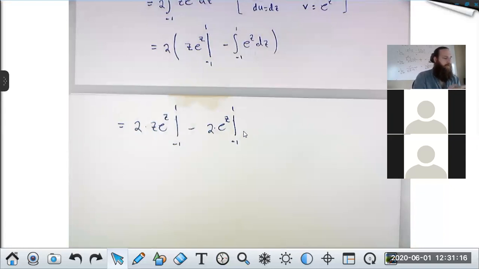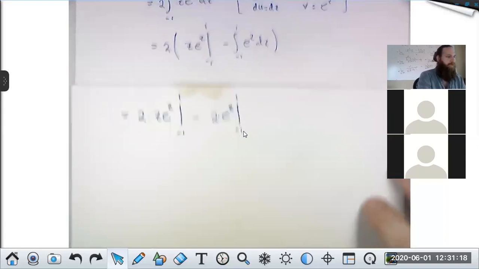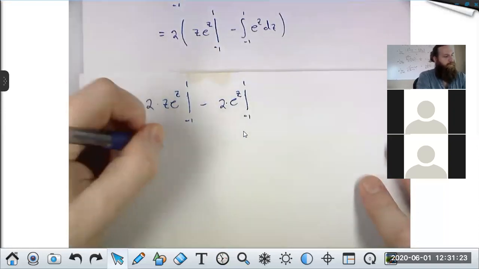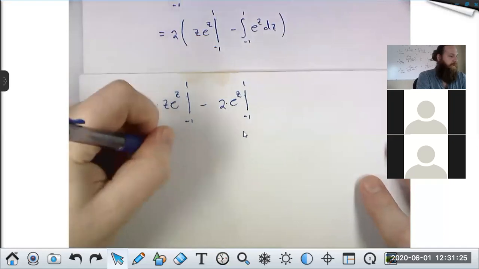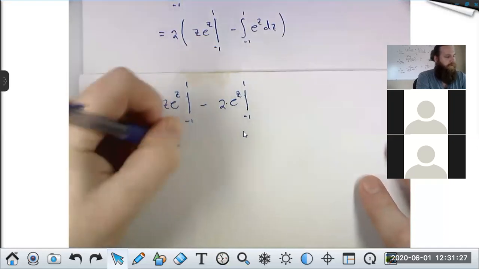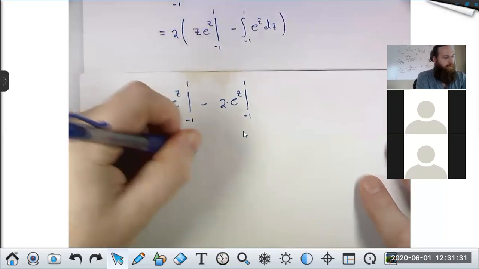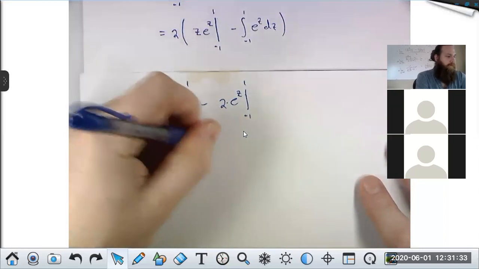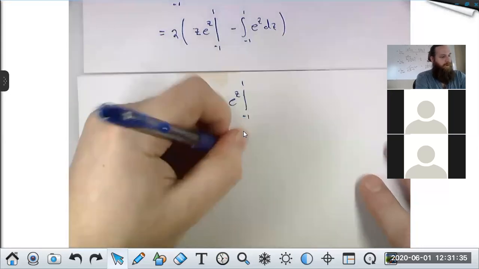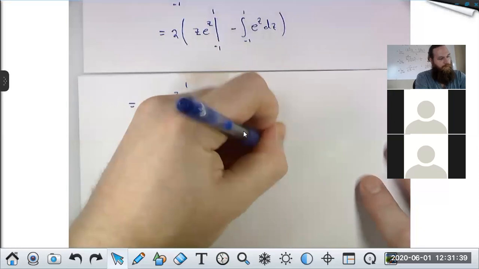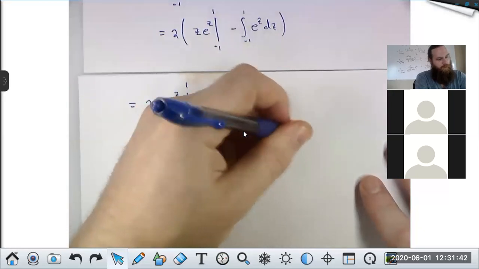And now the evaluation. So this piece is 2 times 1 times e to the 1, which is just e, minus -1 times e to the -1. And then I subtract from that 2 times e to the 1 minus e to the -1.